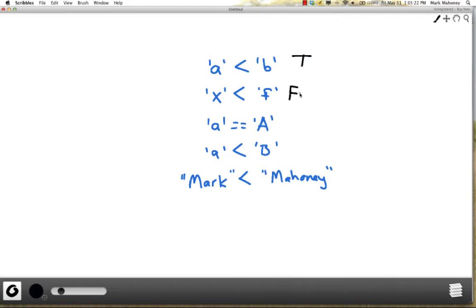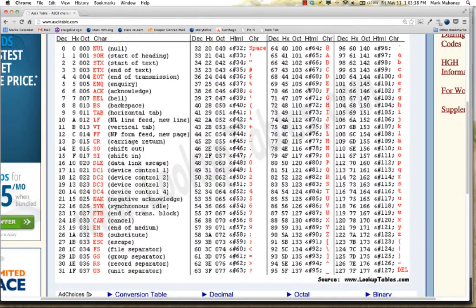Unfortunately, the case of a letter does matter. The lowercase letters have numeric values from 97 to 122, and the uppercase letters have numeric values from 65 to 90. Remember from the last lecture, I said a character is really just an integer. It can hold a relatively small number. The only thing unique about a character is that when you print it out, instead of printing the number, it looks in the ASCII character chart, which I have a copy of right here.